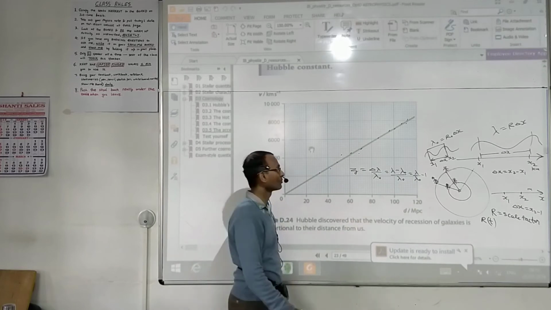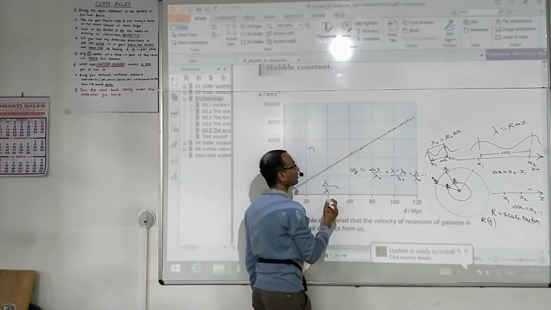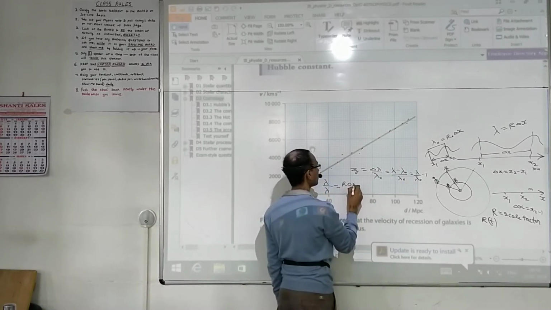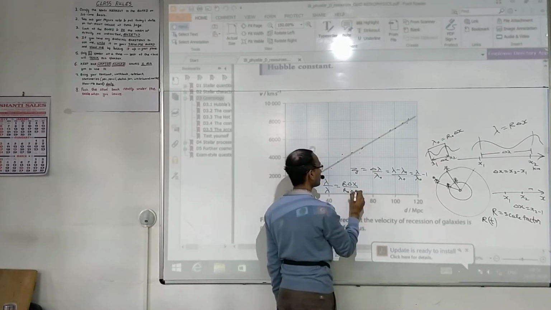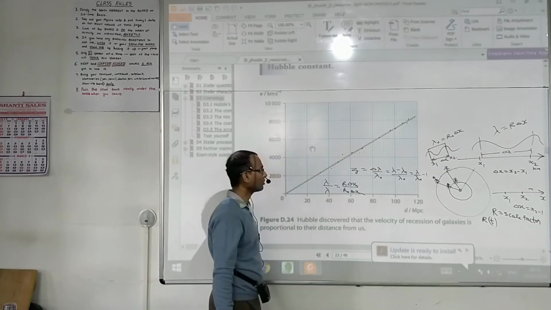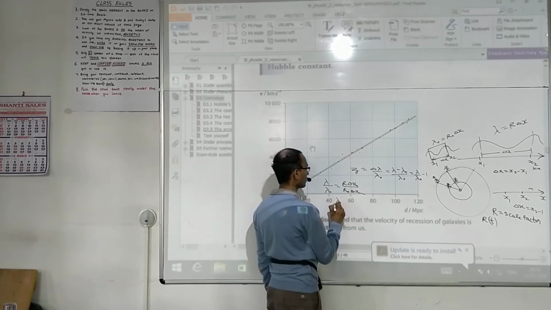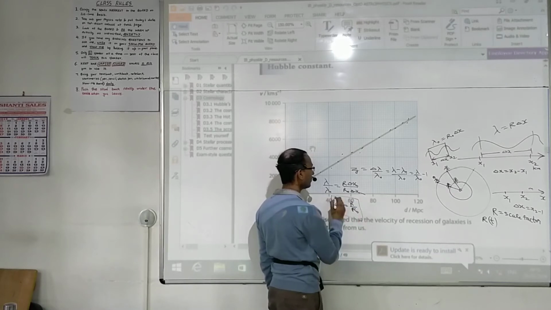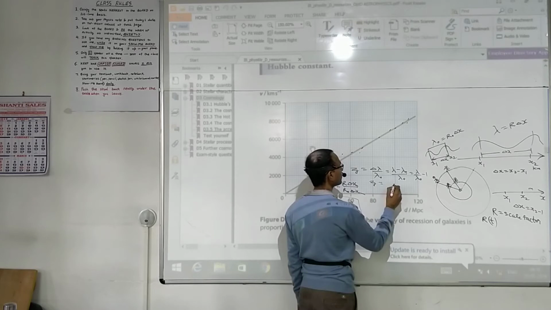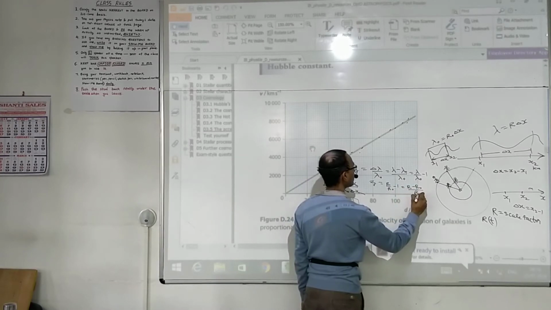Now lambda is r delta x, and lambda naught is r naught delta x. So these two delta x will cancel out. You get lambda by lambda naught is r by r naught. So you get your z as r by r naught minus 1, which is r minus r naught by r naught.